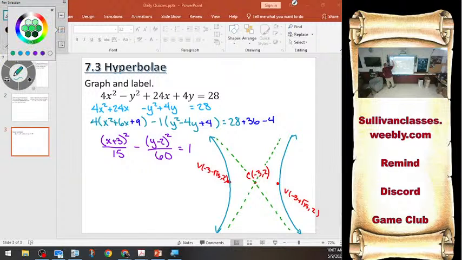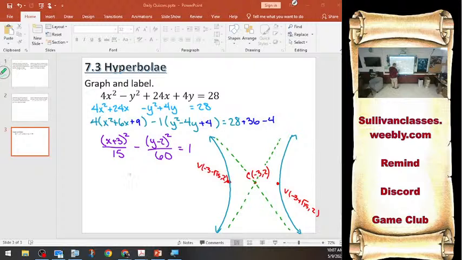Okay, the foci, c is square root of a squared plus b squared this time. So 5 root of 3. So I'm going to come all the way out there and all the way out there for foci, negative 3 plus 5 root of 3, 2.